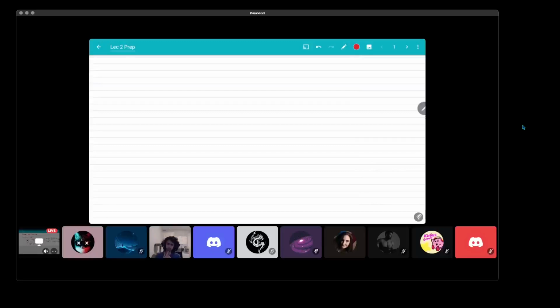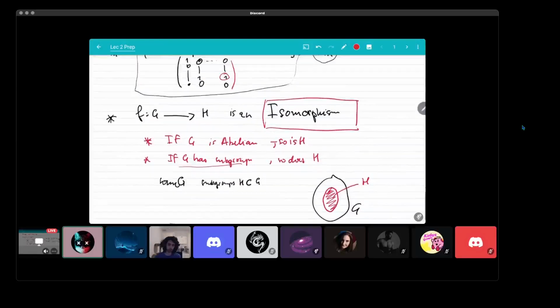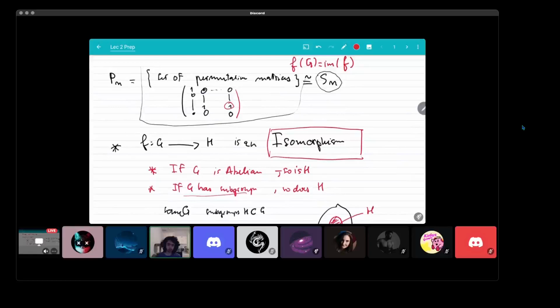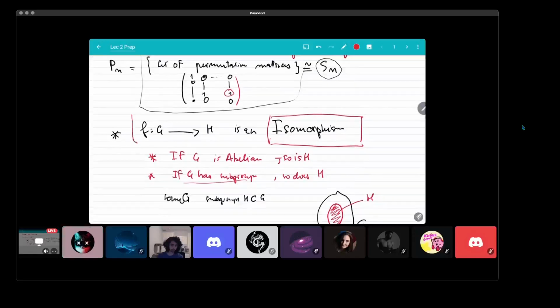Okay. So it says if G has subgroups, then so does H, right? This is from the isomorphism statement earlier. Correct. So we're trying to square that statement with this subgroup being the identity business. Okay, so in this case, if the subgroup of G is the identity, is that the question?